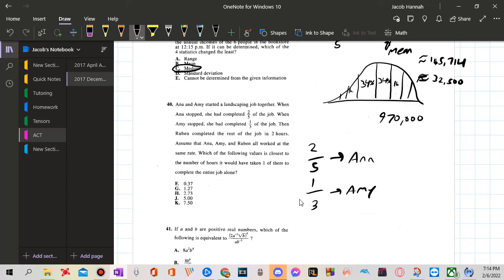Let's just say 2 hours for Ruben. It doesn't say how long they worked for, so.